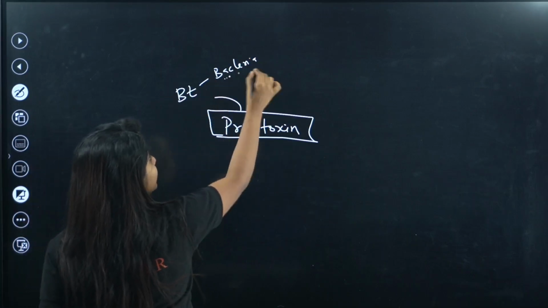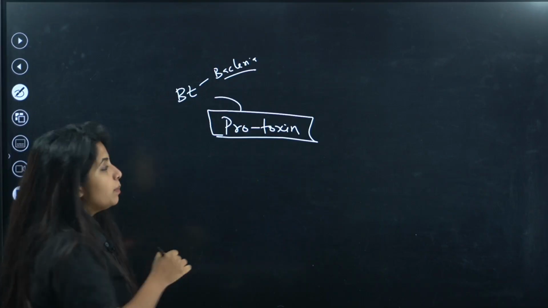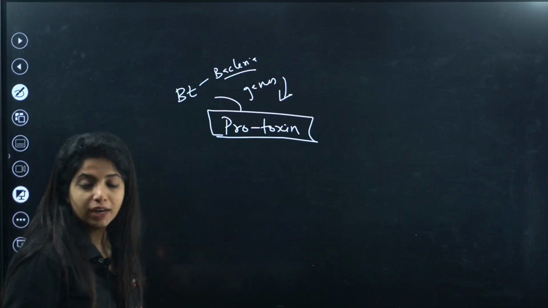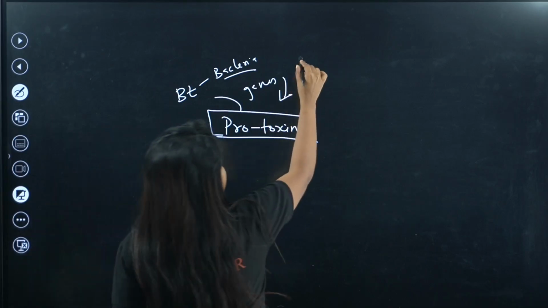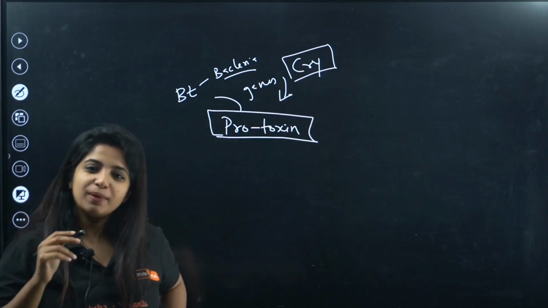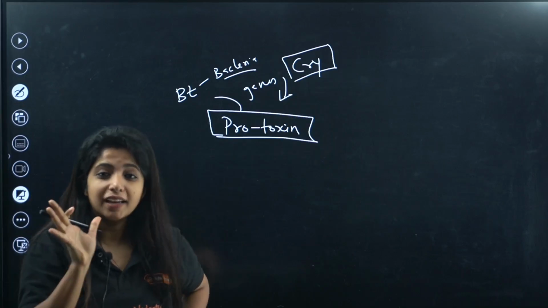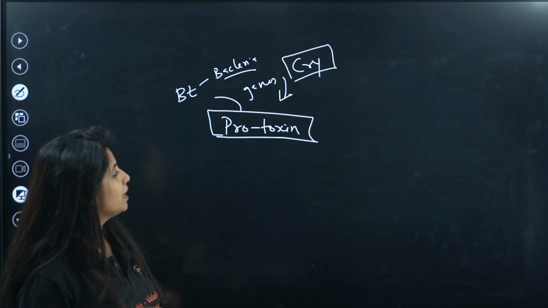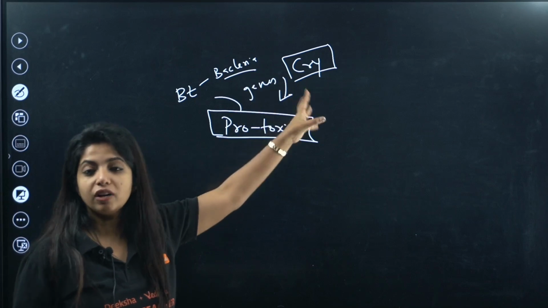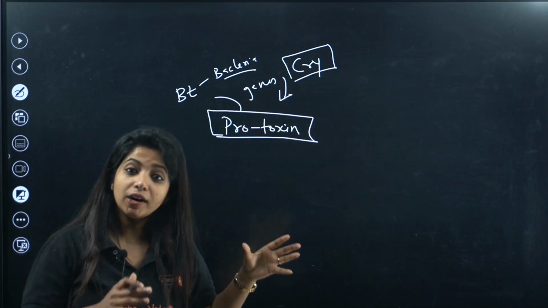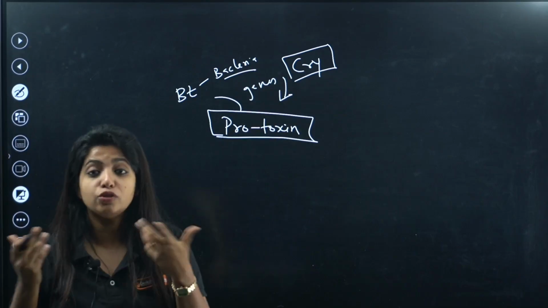When I say the bacteria produces it, how does it produce it? Basically, there are genes which code for the protoxin. What do you call these genes? These genes are known as cry genes. Basically, it makes the organisms cry. So, it's not exactly why it is known as cry genes. They have been named like that. Now in cry genes, there are different types of genes which produce different types of protoxins according to the different insects they are going to affect.